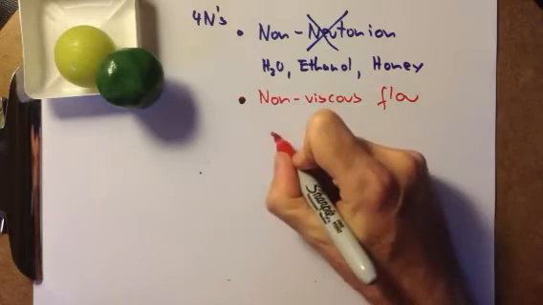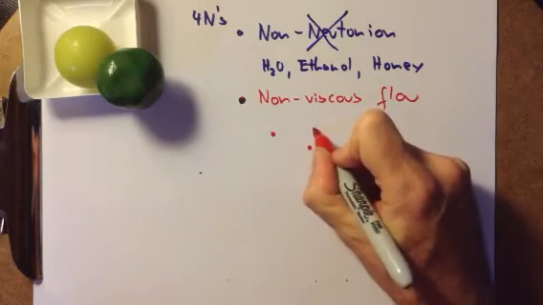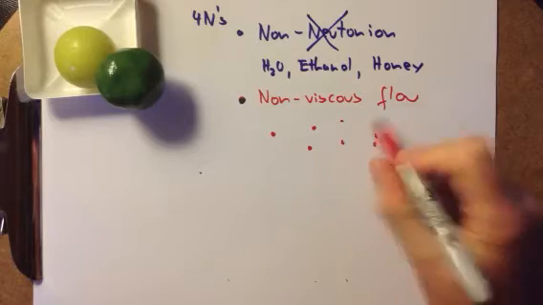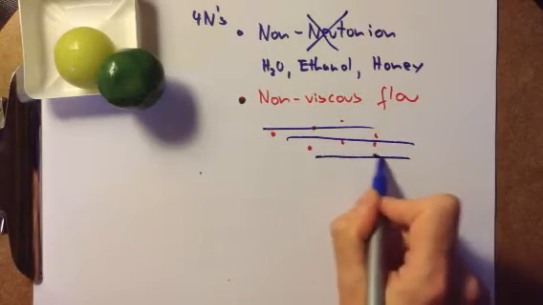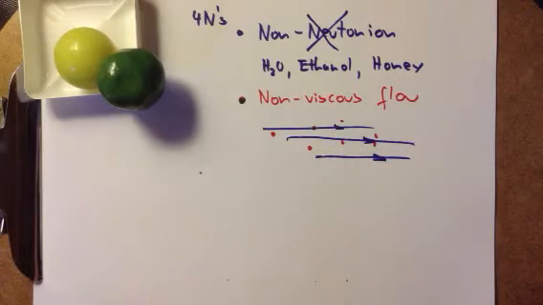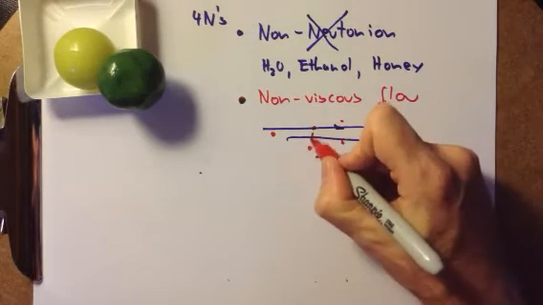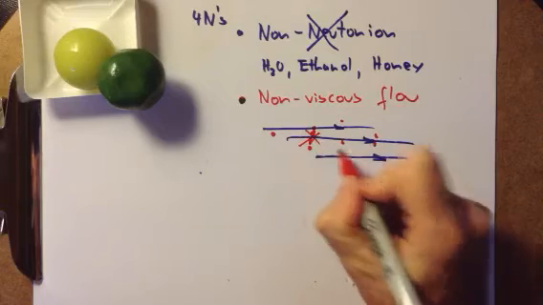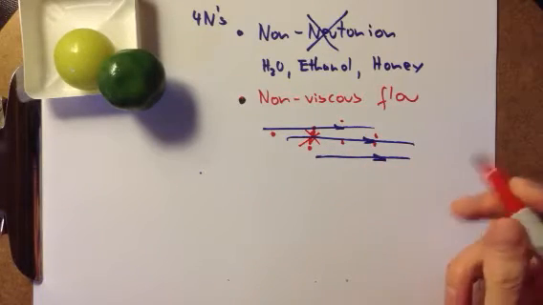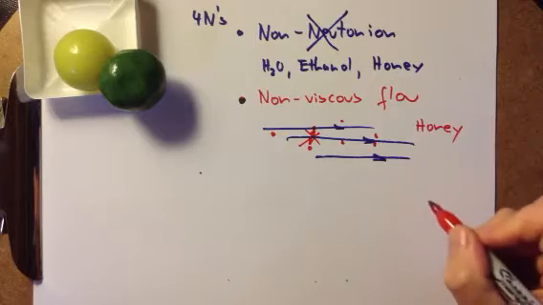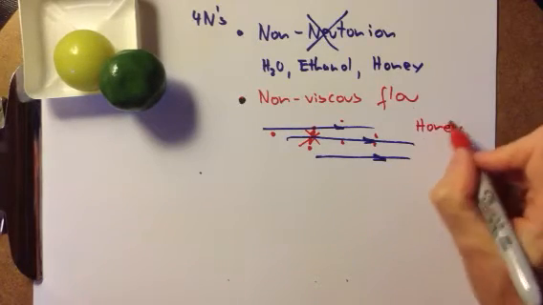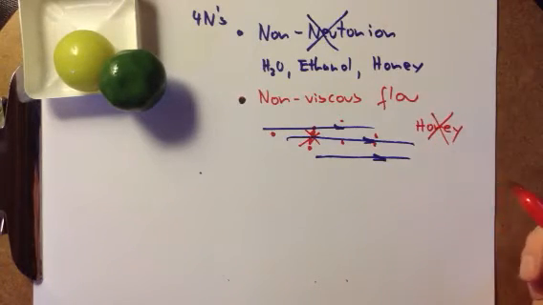That means the little molecules which make up the fluid that streams along should not interact with each other, at least not much. We don't want interaction between those molecules. Honey is an example where they do. Honey is very viscous. We don't want honey. Honey is not a good case.